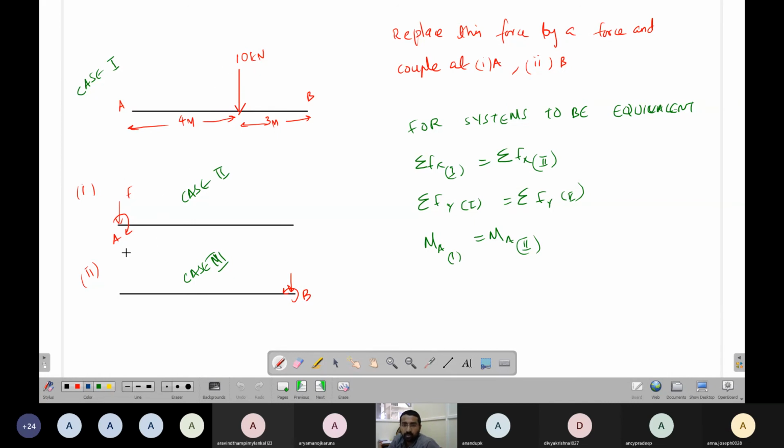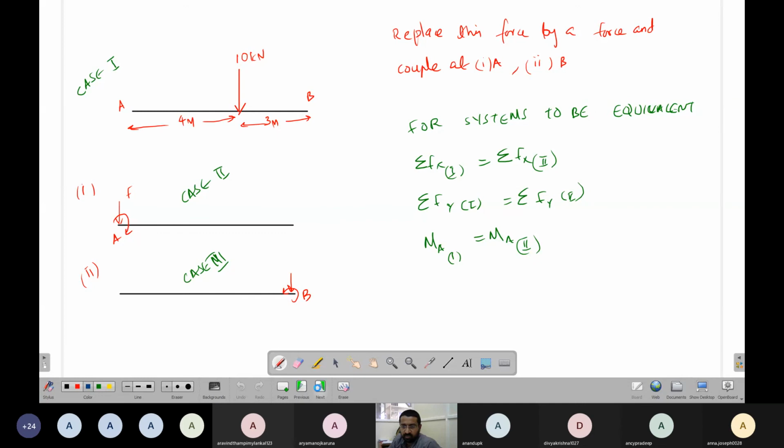We assume that there is a force and a moment at this location. The sum of the vertical components should be equal to the vertical component of the original force, and the horizontal components should be equal as well. The moment at A due to this force should be equal to the moment due to these components.